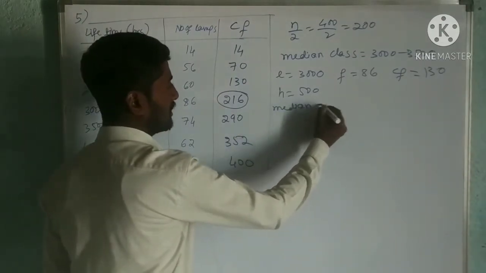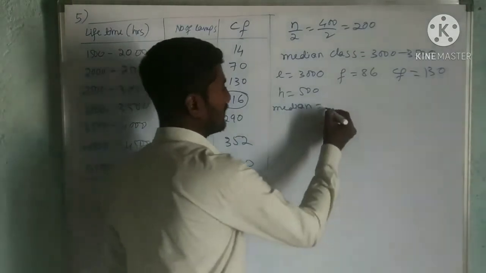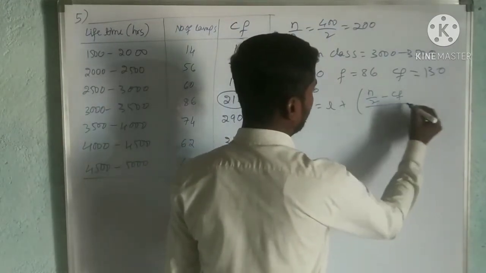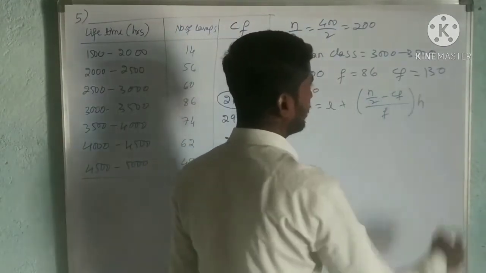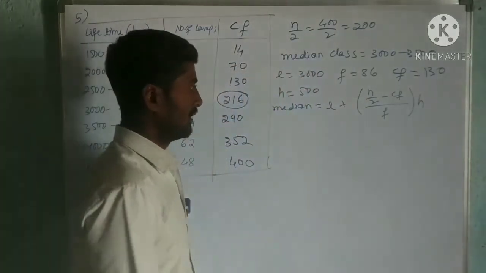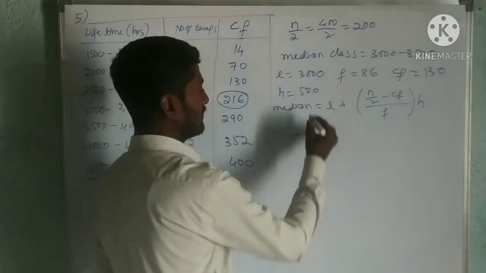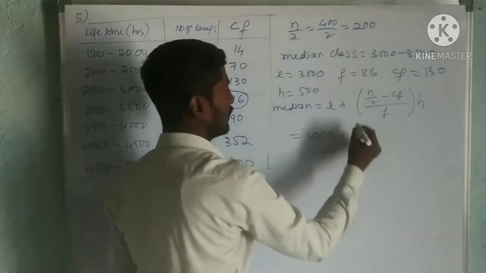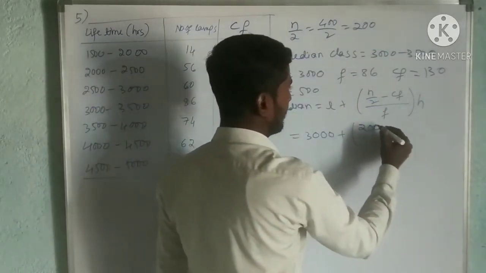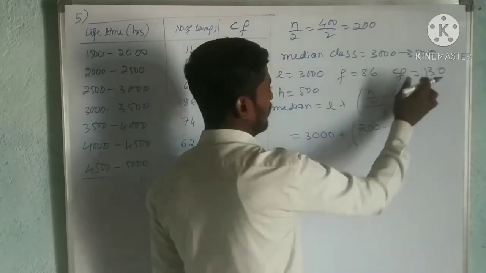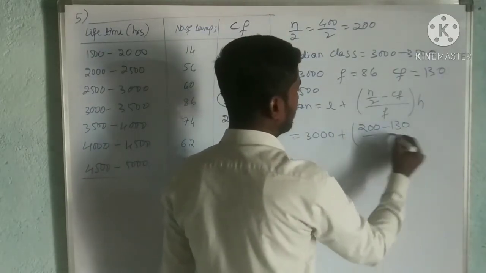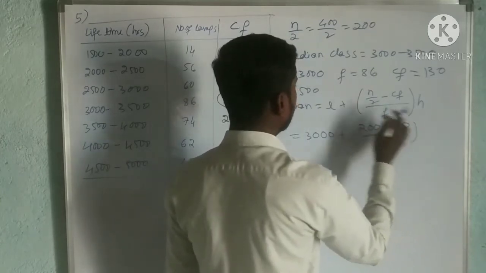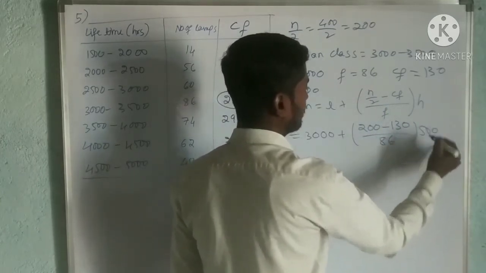Write the formula. Median is equal to L plus (n by 2 minus CF) divided by F, into H. Now this is equal to L, 3000, plus n by 2, 200, minus CF, 130, divided by F, 86, into H, 500.